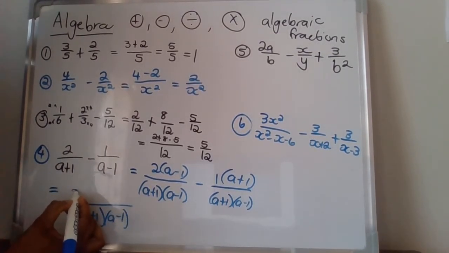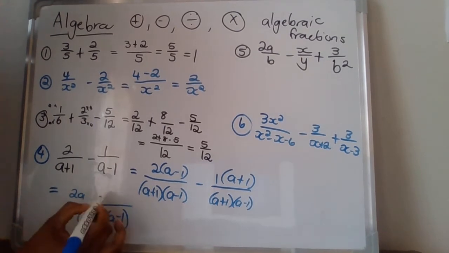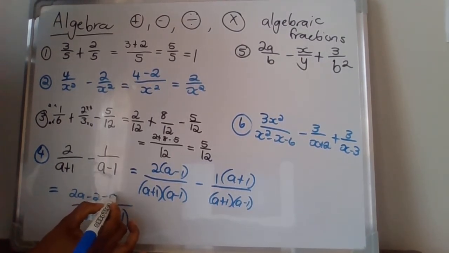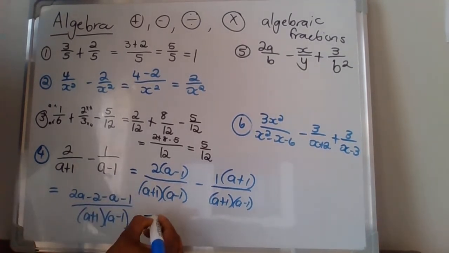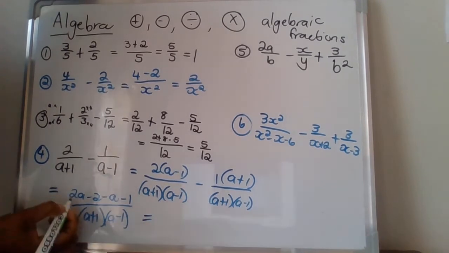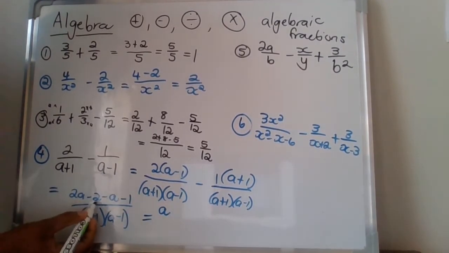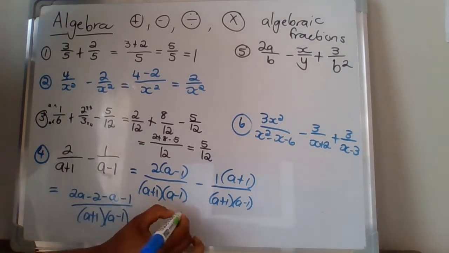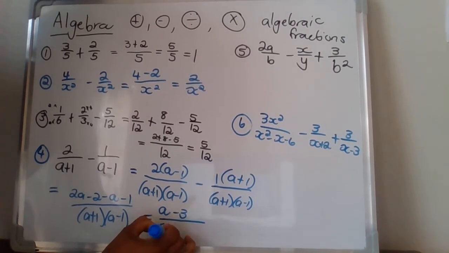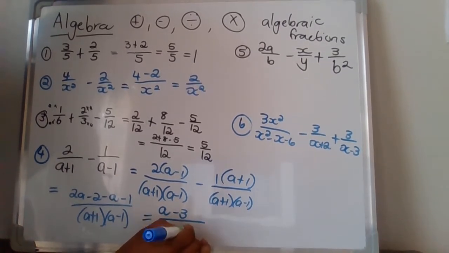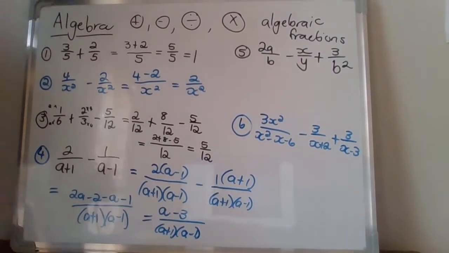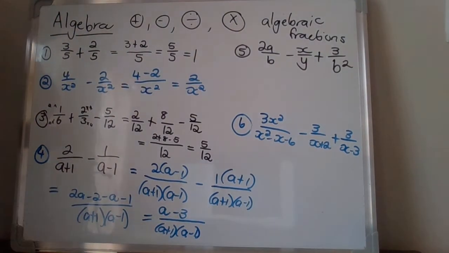So the top part is 2a minus 2, all right, minus a minus 1. So my final answer is going to be 2a minus a is a, and minus 2 minus 1 gives me minus 3. So all over my denominator, a plus 1 times a minus 1.